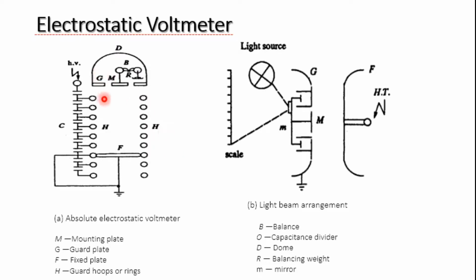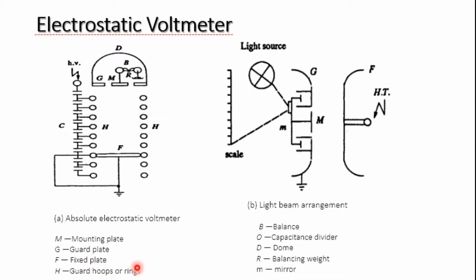So this has some moving mechanism. This is the mounting plate M, and G is the guide ring. We have to minimize the corona formation across the two electrodes, and these are the fixed electrodes, and H is the guard hoops or rings.